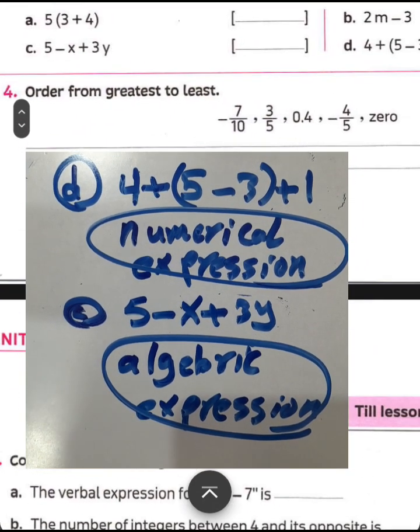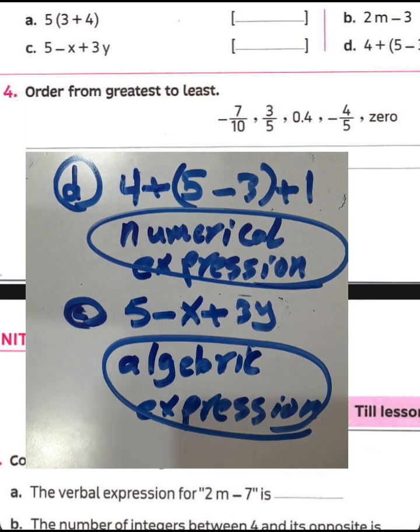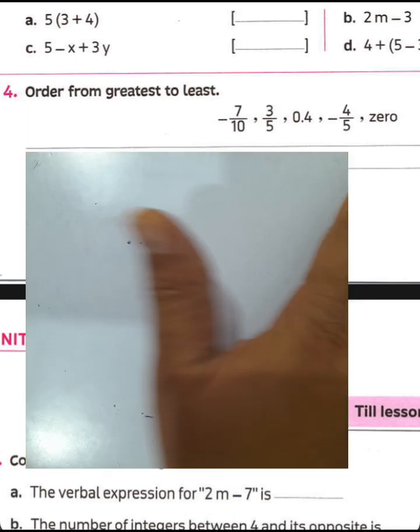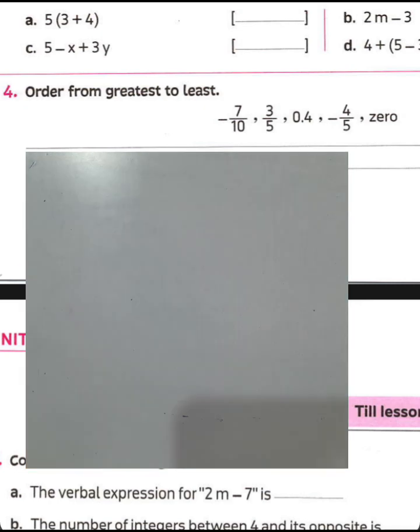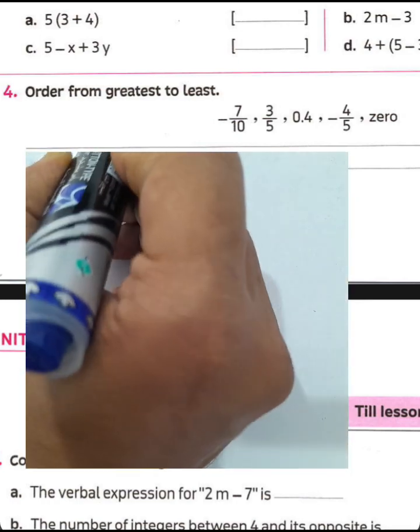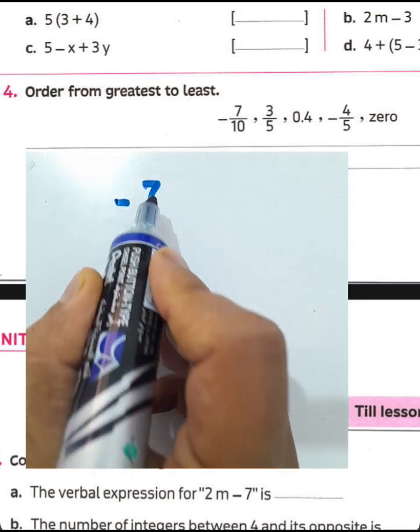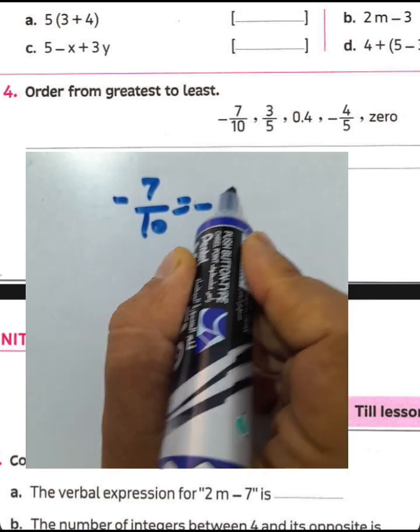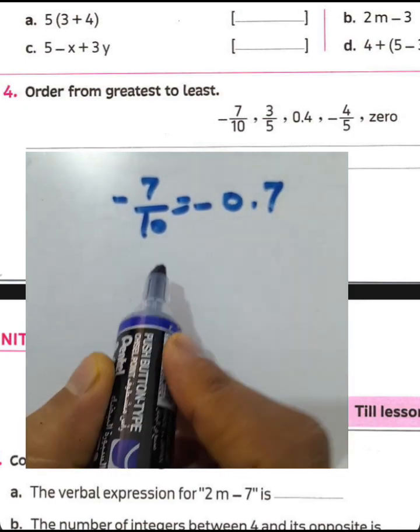Order from least to greatest. Question 4. You want to find what? Order from greatest to least. First step, we write all the fractions as decimals, converting them. First, I will convert negative 7 over 10, it will be negative 0.7.